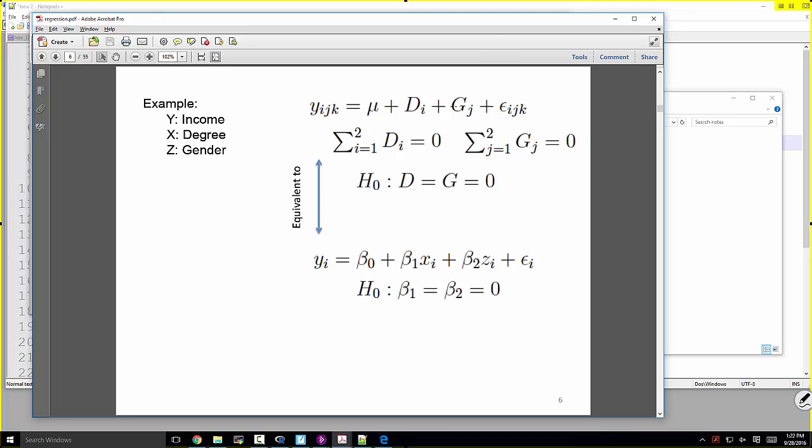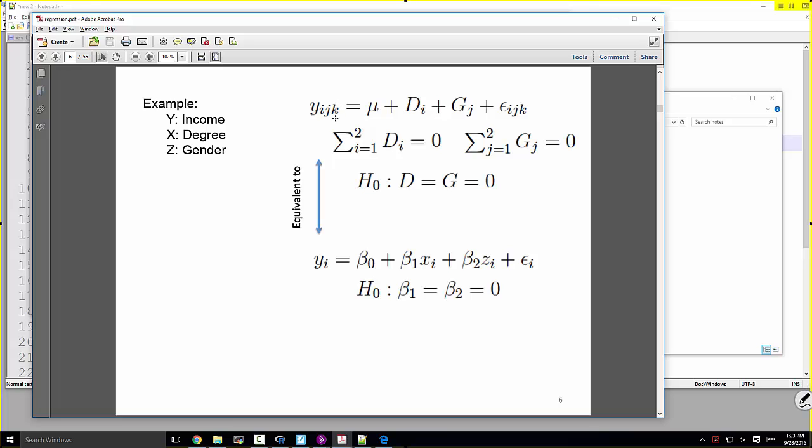We might say the response for individual i in comparison group j and individual i comparison group j with gender k. Actually, I think it goes with degree i, gender j, and this is the kth replicate in that group.